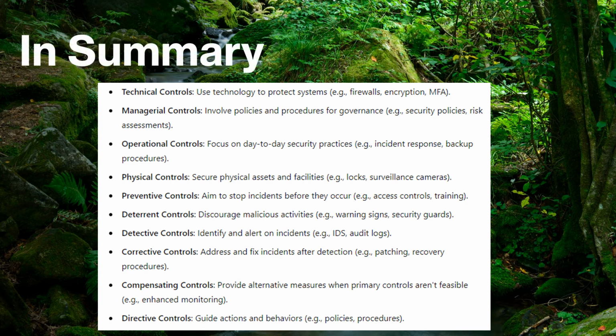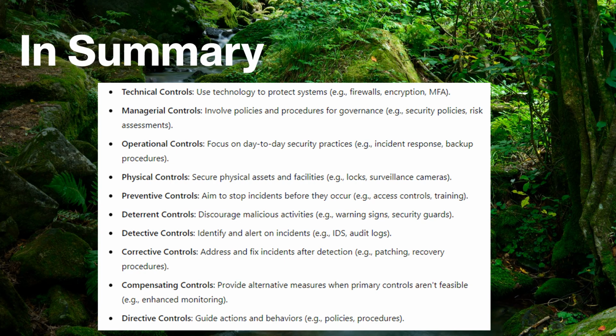In summary, we talked about the different categories and types of controls. We started with the categories of controls. Technical controls use technology to protect systems, like firewalls and encryption.